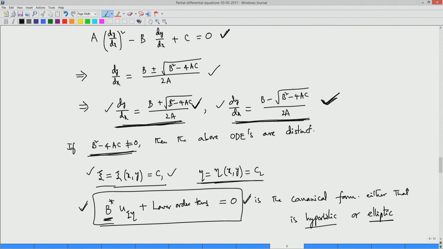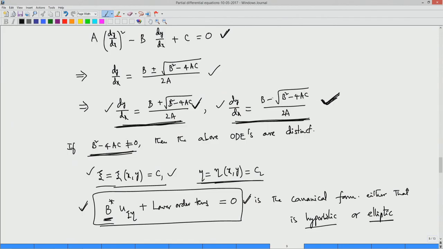Because b square minus 4ac is negative, i comes here. So you have i here and minus i here.